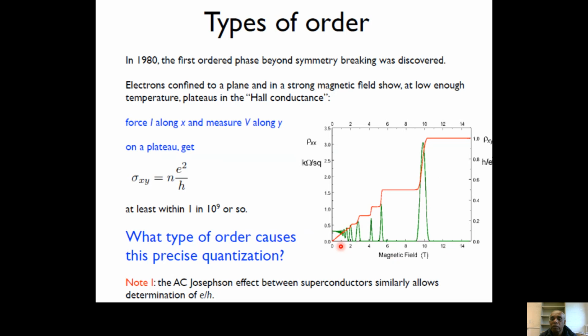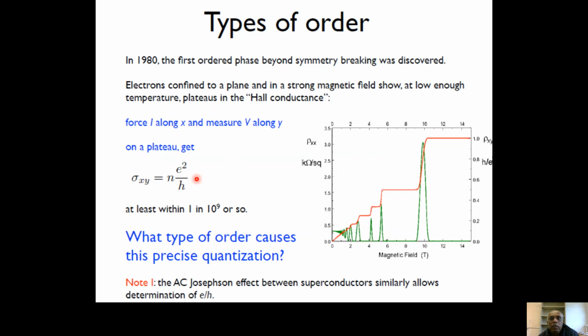But if you go to high magnetic field, they show these oscillations. Whenever you have the zero value of rho xx, you see the plateaus of the Hall resistance, right? Then they also found that rho xy, or if you take the inverse of that, the Hall conductivity, goes like e squared over h times n.